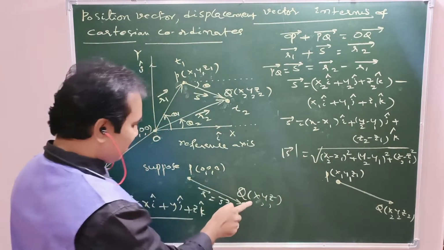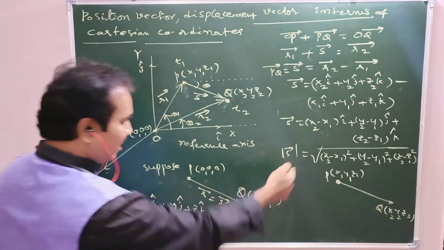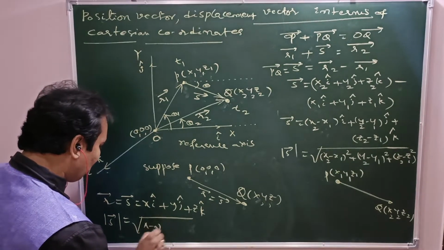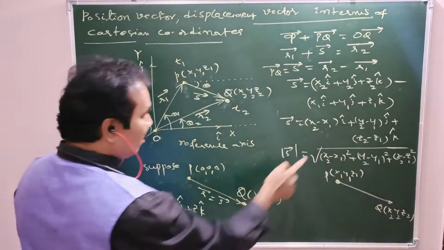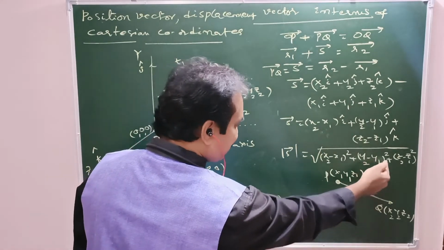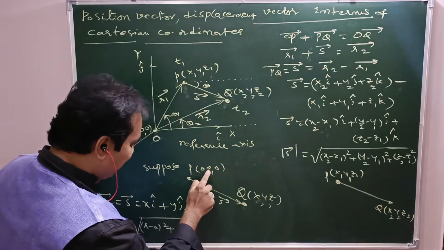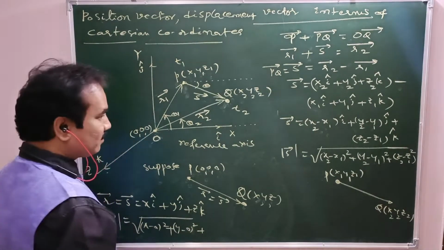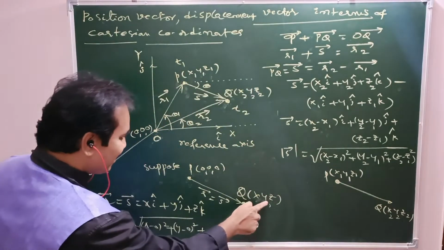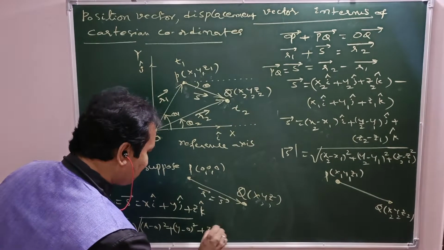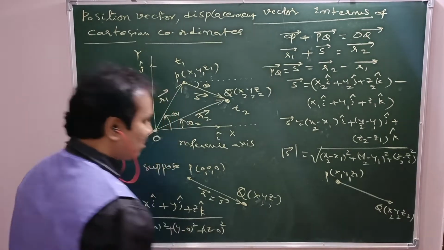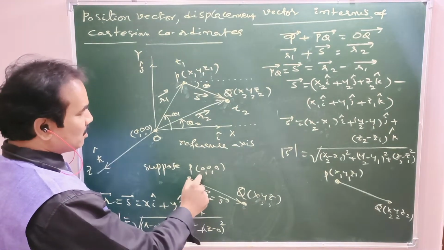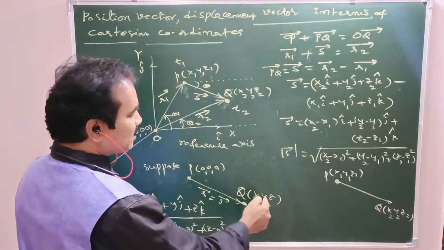So x2 minus x1 means x minus 0, whole square, plus y2 minus y1 means y minus 0, whole square, plus z2 minus z1 means z minus 0, whole square. Simply we are replacing. Here x1, y1, z1 means 0, 0, 0, and x2, y2, z2 means x, y, z.